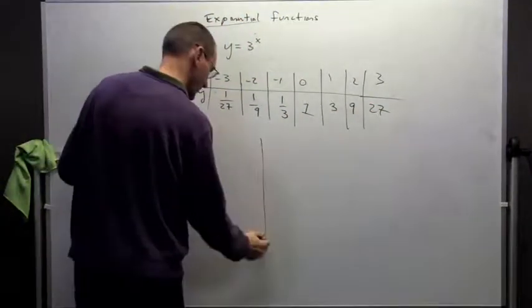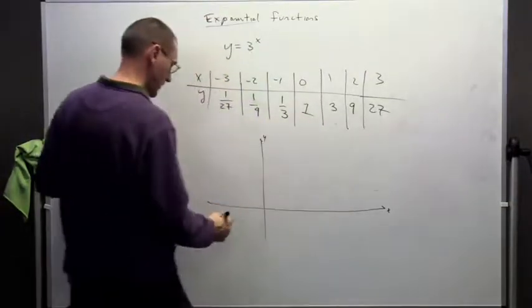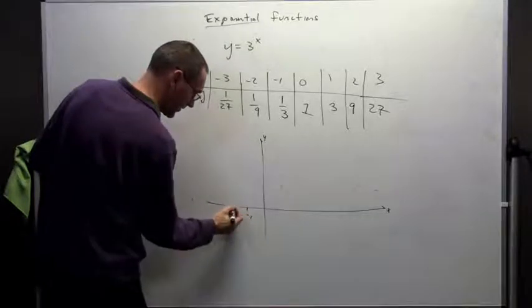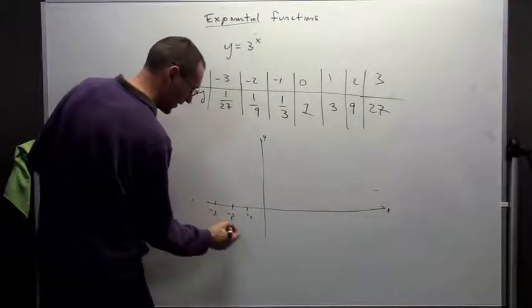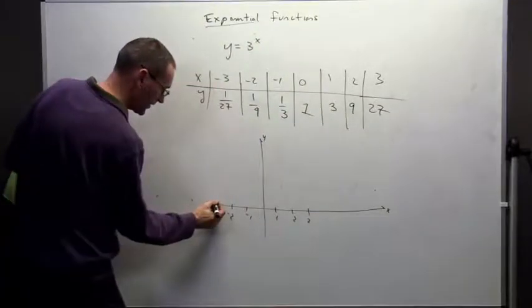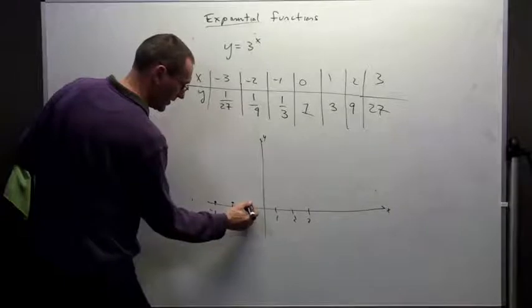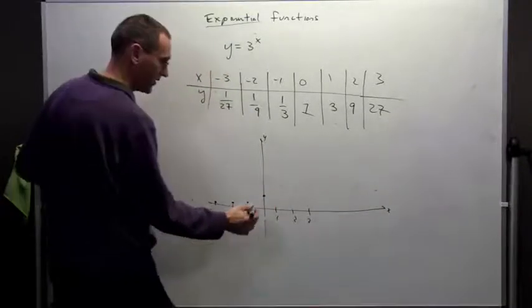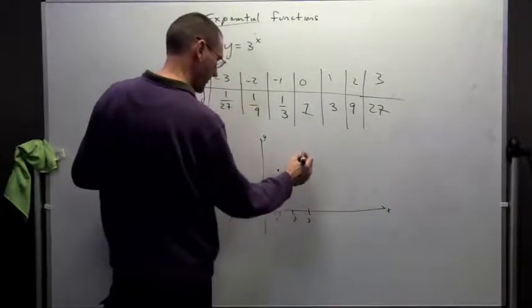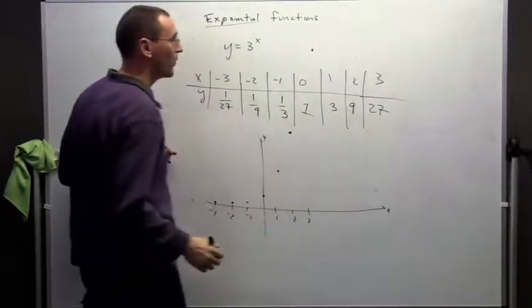If I were to plot this thing, let's see, so I've got minus 1, minus 2, minus 3, 1, 2, 3. So this is going to be really close to 0. This is still close to 0, a little higher, and this is going to go up to 1. This is going to go up to 3, this is 9. This is like way up there.